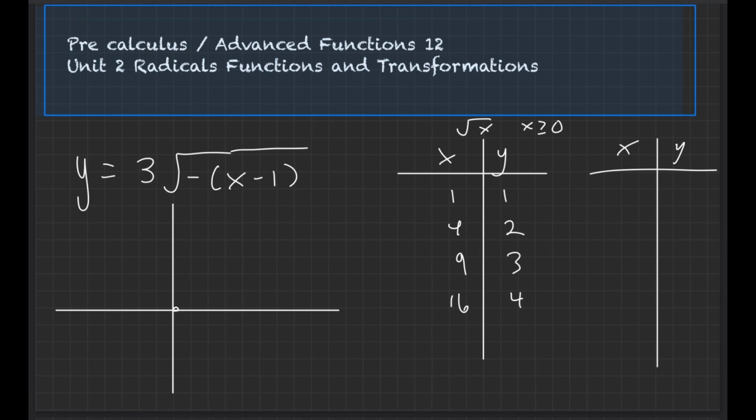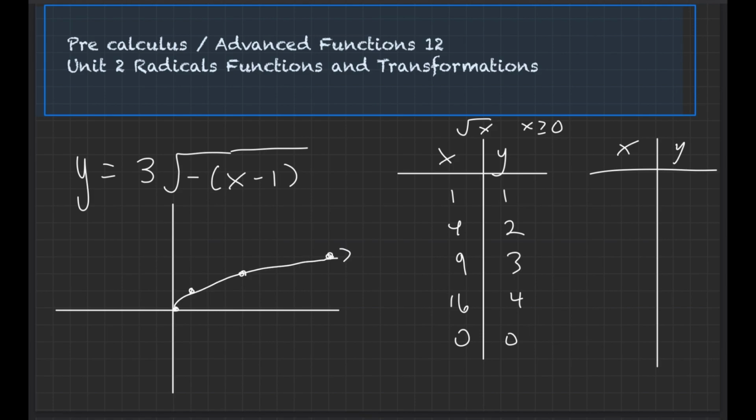So if you were to plot this, and also of course (0, 0), you get the original graph. So that is the graph of the square root of x.